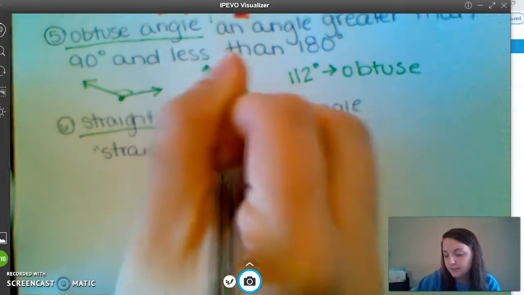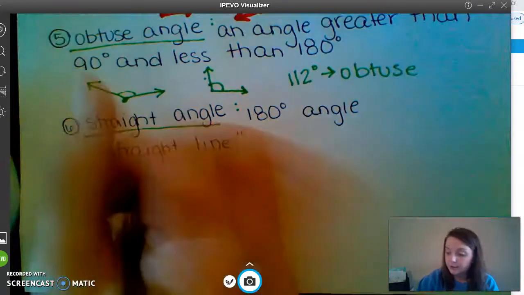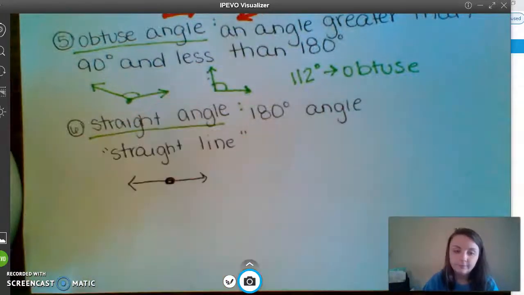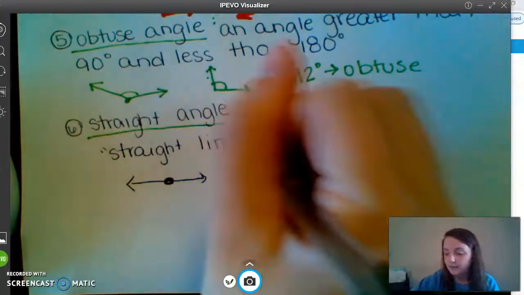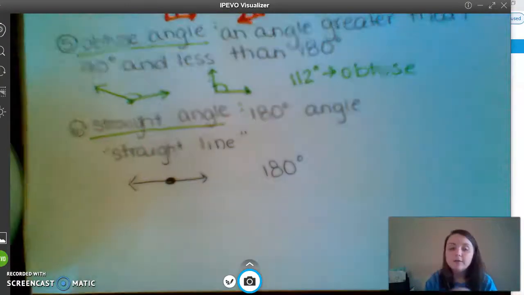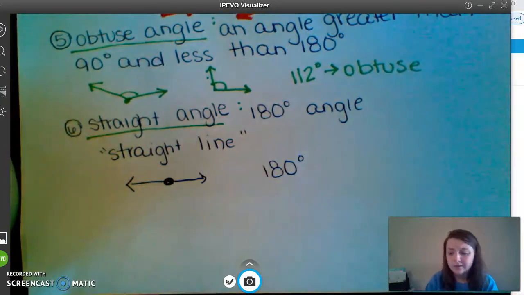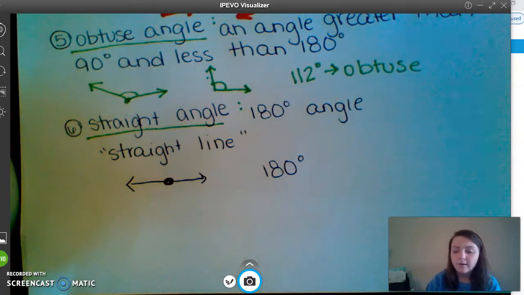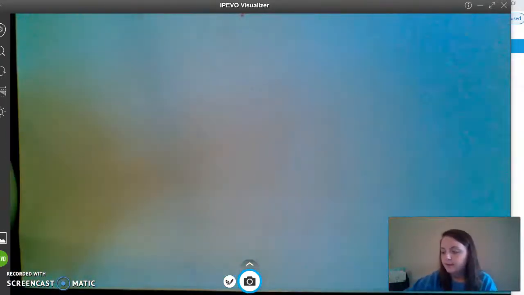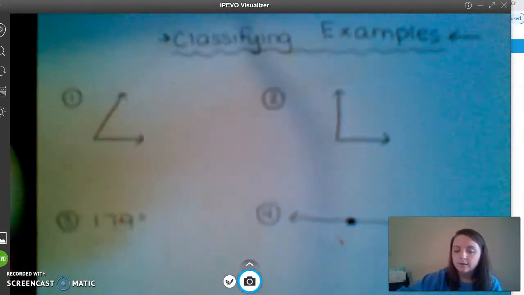Like the right angles, there's only one option, one picture, the straight line. They would have to tell you exactly 180 degrees. So those are our 6 vocab terms. You probably already knew most of these except for maybe the first 2. Let's do some examples of classifying, and then I'll show you what your independent practice is going to be.